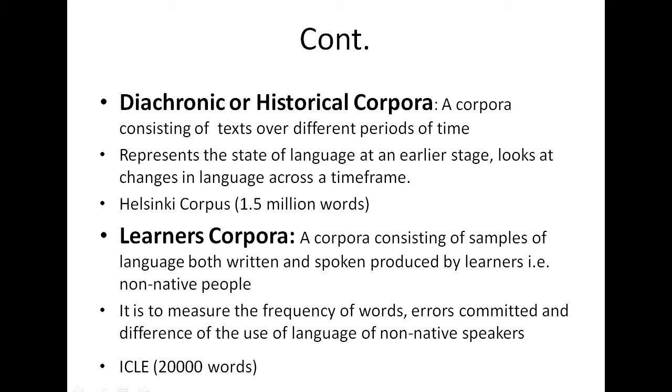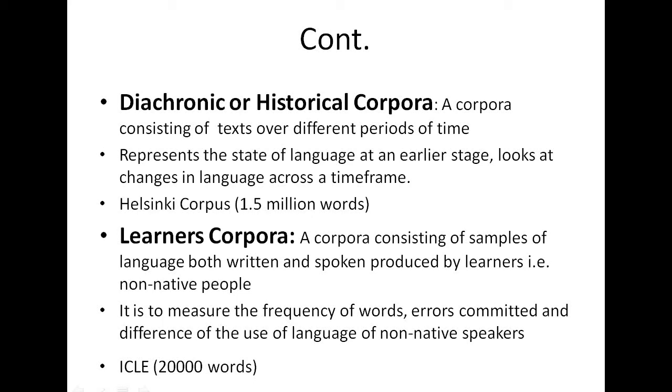Or the other purpose may be looks at changes in language across a time frame. For example, if I say that I am going to collect the language examples of the 14th century English, then through that corpora I can study the state of language at that particular century.